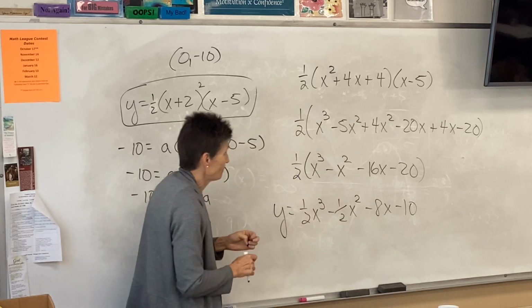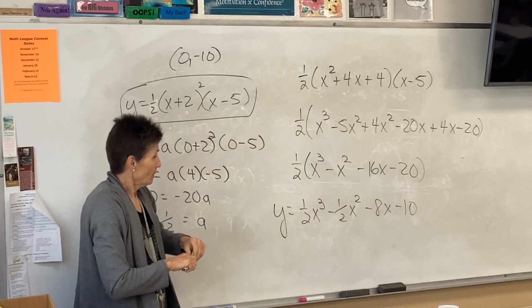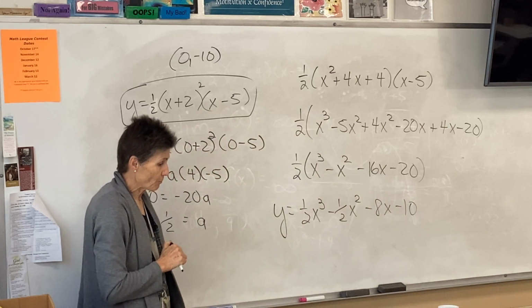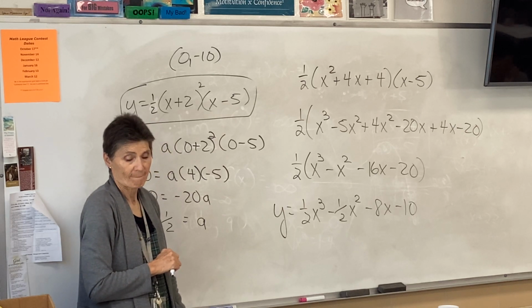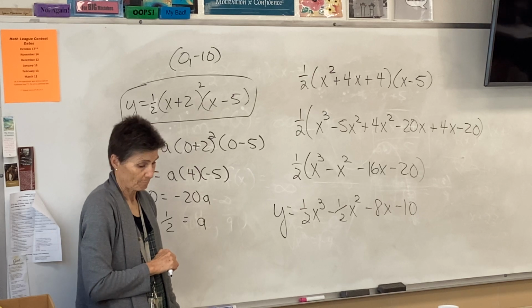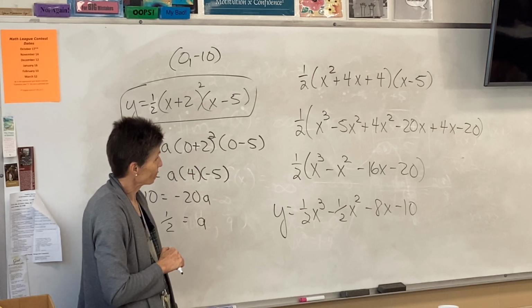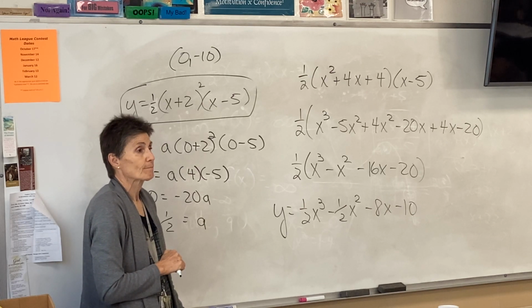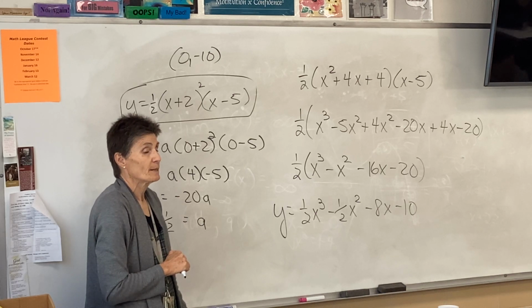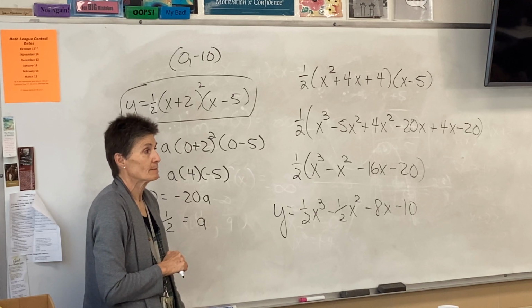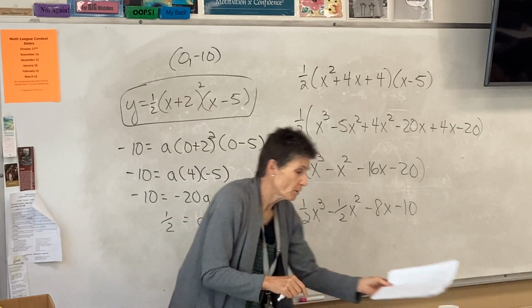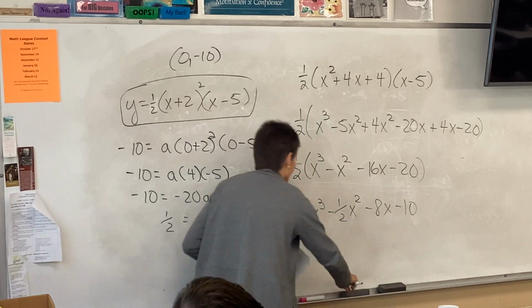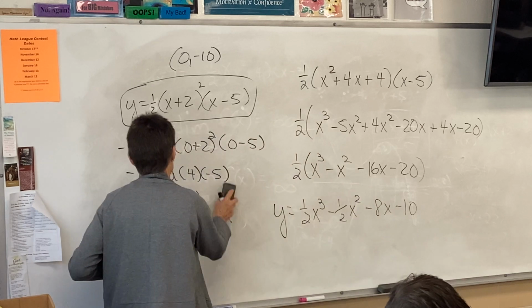That is your standard form of your polynomial. Everybody okay with that? We haven't done any of that. Everybody good? All right, try the second one with your partner. Question 4.